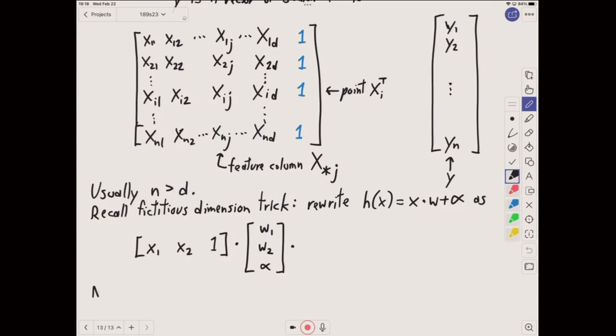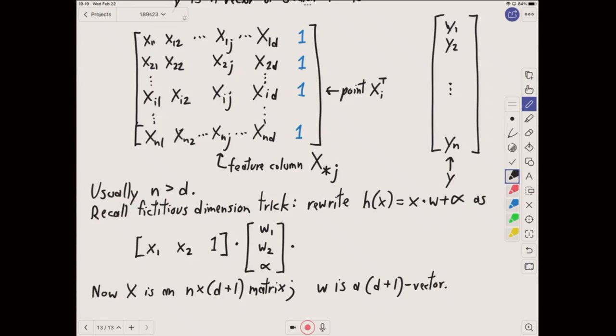So now, from this point on, X is going to be an n by d plus 1 design matrix. But I'm not going to change the name of X. I'm going to keep calling it X. W is going to be a d plus 1 vector with the bias term at the end, but I'm not going to rename it. I'm going to keep calling it W. So I hope that's clear.